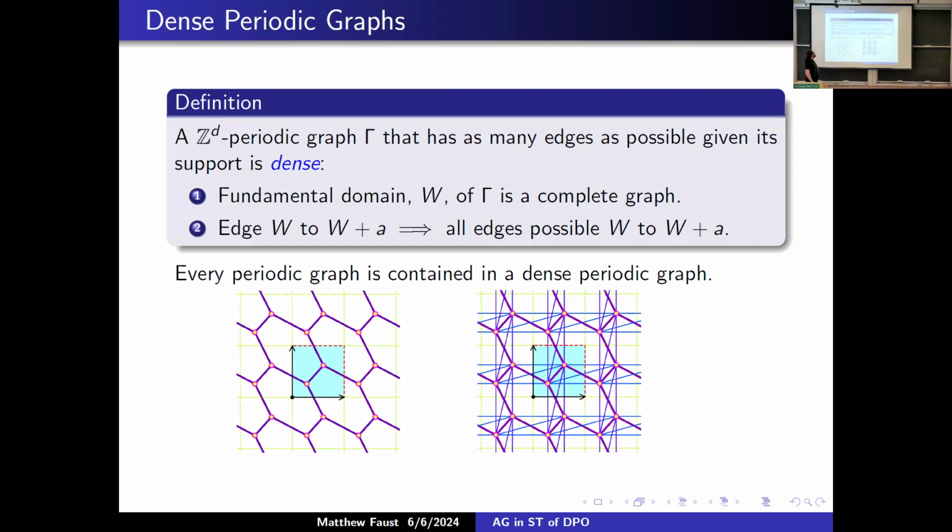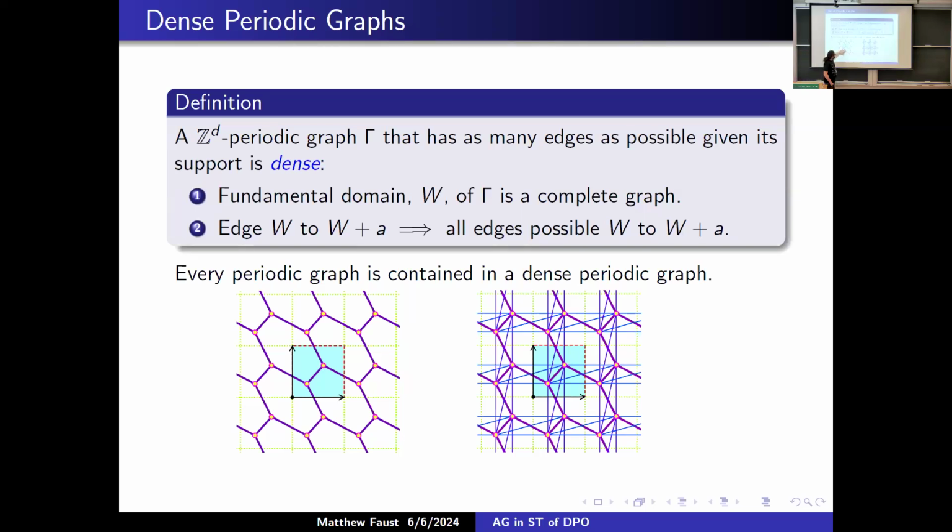Moreover, if a vertex of our fundamental domain shares an edge with some shifted copy of the fundamental domain, say W and W plus (1,0), then we should have all edges possible between W and W plus a. So the induced subgraph on the vertices of W and W plus a should also be a complete graph. One reason to look at this is that if you're missing edges, you can always add them, so any periodic graph is contained in a dense periodic graph.